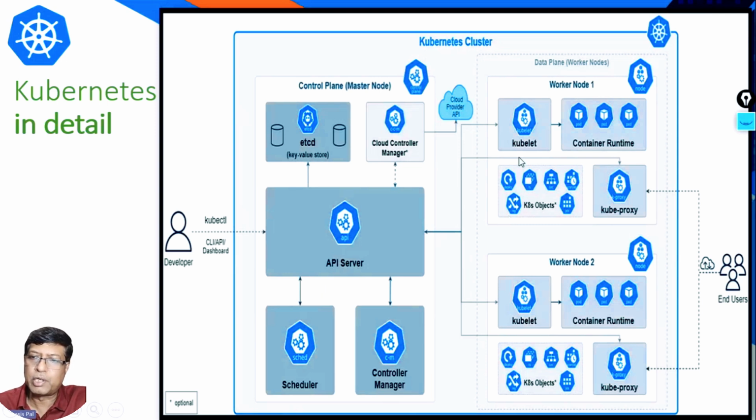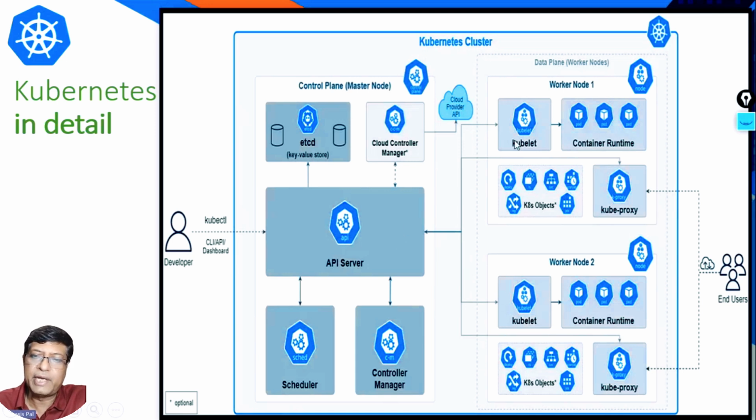Now coming to the worker node, this is called the data plane, because you have deployed your applications, databases, whatever it is, over the worker nodes. Nothing will be deployed over here. You cannot use a master or the control plane for deployment of your application. Remember? And you do not need to do anything.